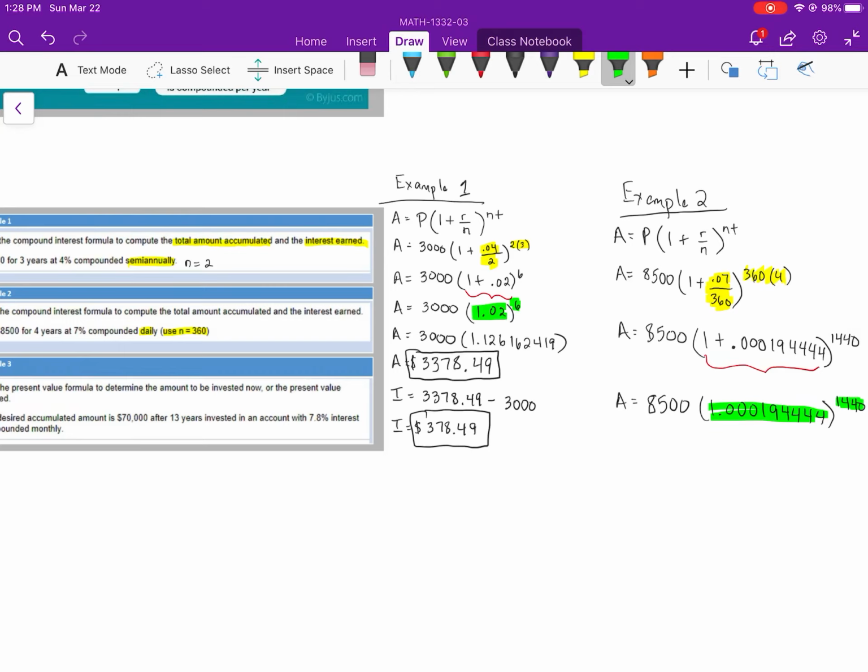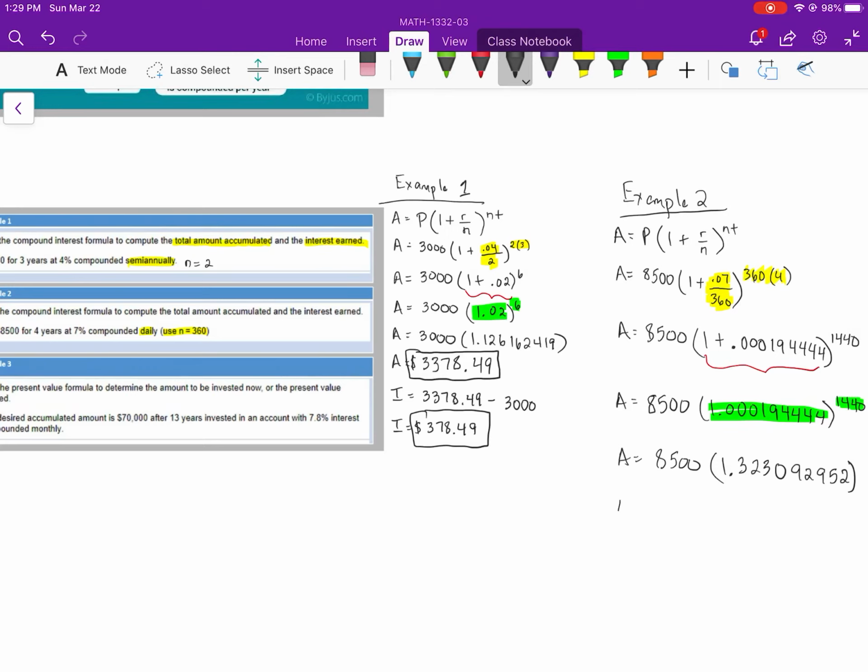All right, so let's see. A equals 8,500 times 1.32309292952.